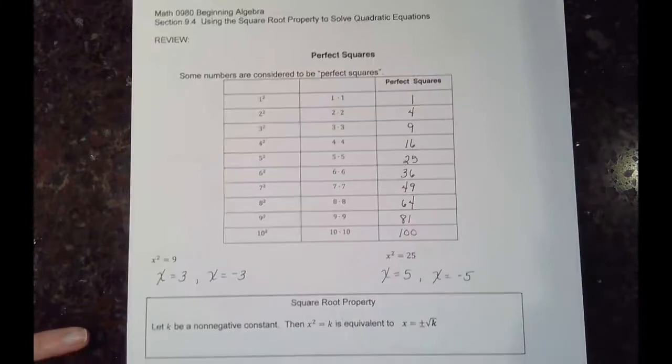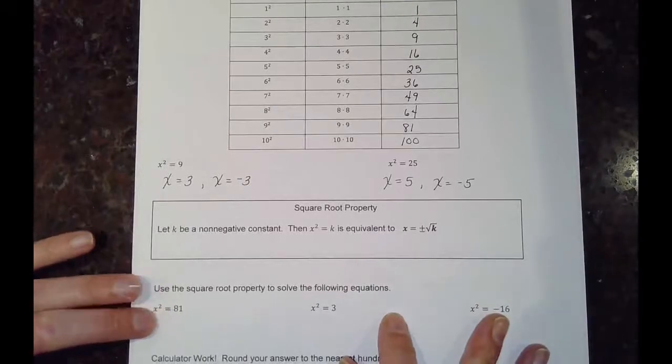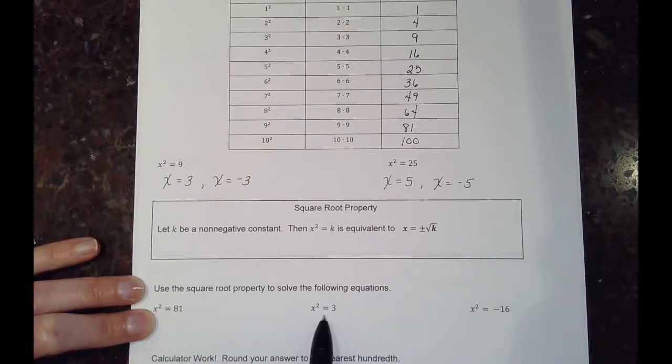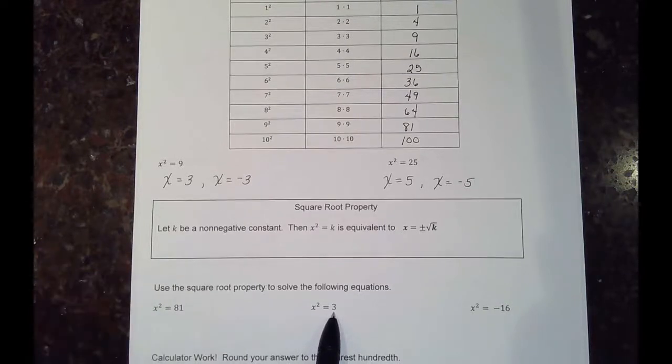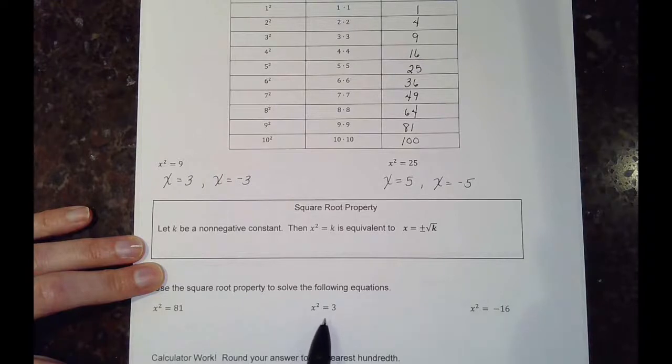Now, sometimes you're going to get a number that's not a perfect square. So, for example, like x squared equals 3. What number do I square to give me 3? That's not quite so easy. So, what you have to realize is the square root symbol is a symbol that will undo a perfect square. All right?